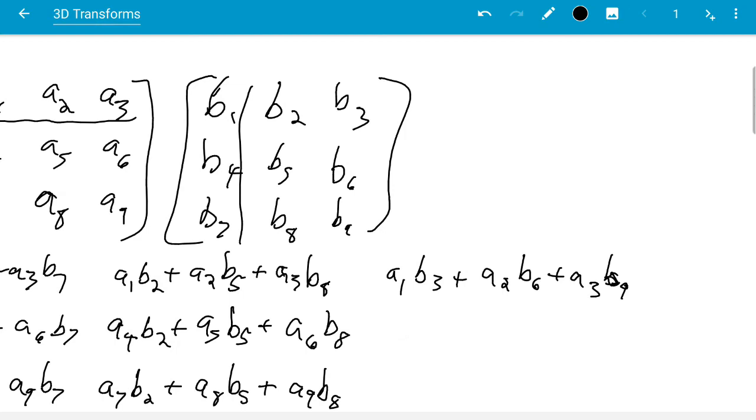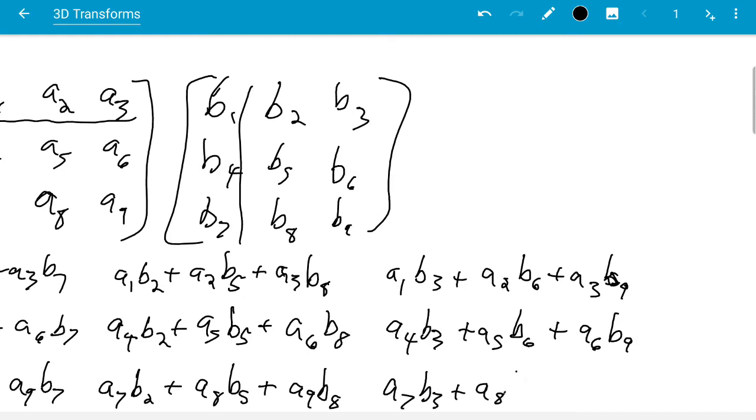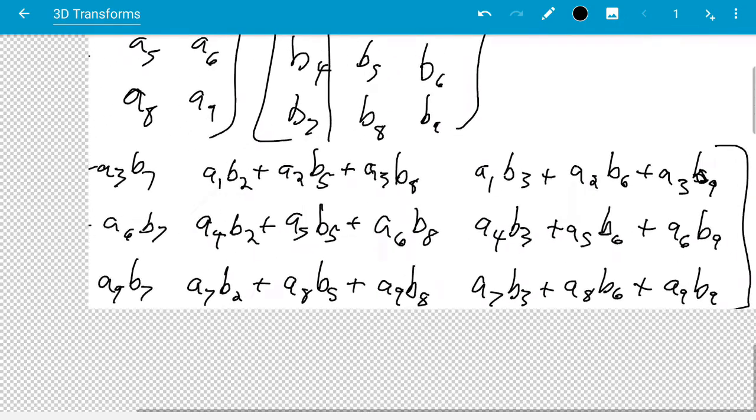Going down, we've got A4, B3, A5, B6, A6, B9. And then down one more row, A7, B3, A8, B6, and A9, B9. Okay, look at that monster.